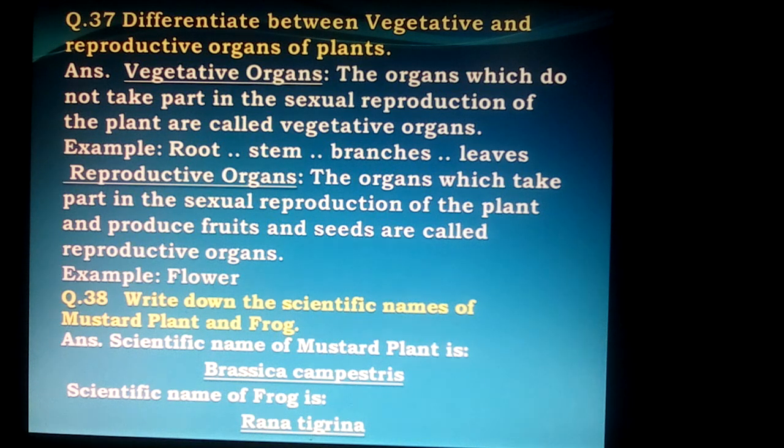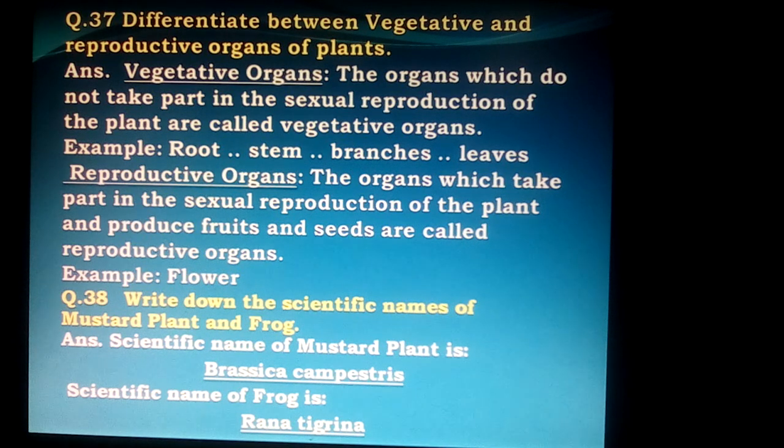It means only vegetative processes are going on. For example, root, stem, branches and leaves.